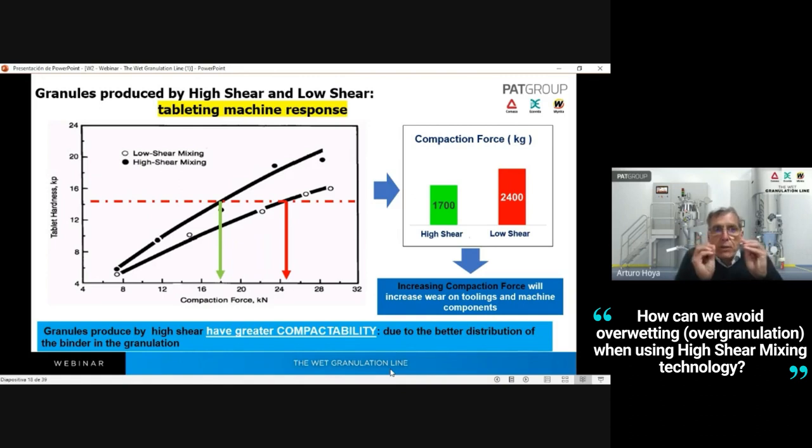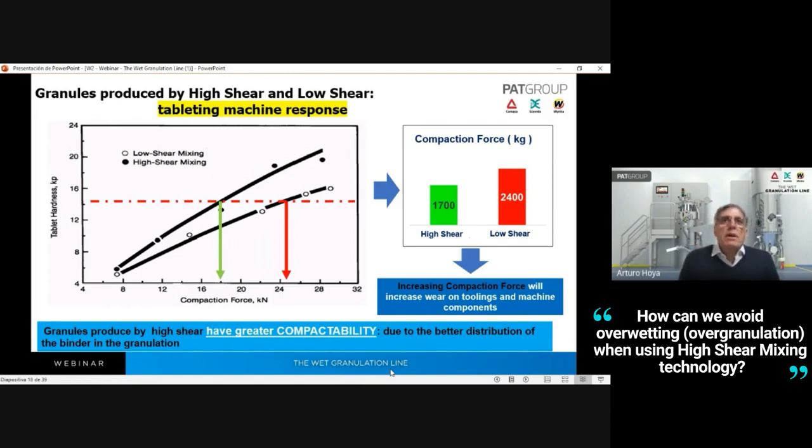During wetting, keep in mind that the volume, the quantity of the solvent, water, alcohol, or a blend of water and alcohol, must be controlled, because if you add an excess, of course, the probability of overwetting is potential, but it's not the only question.